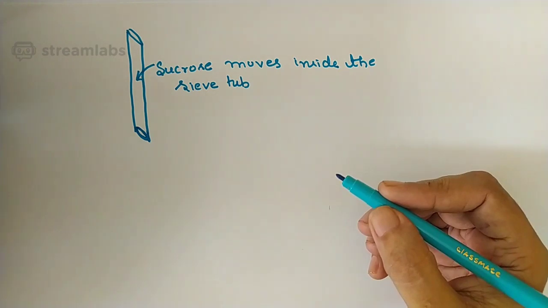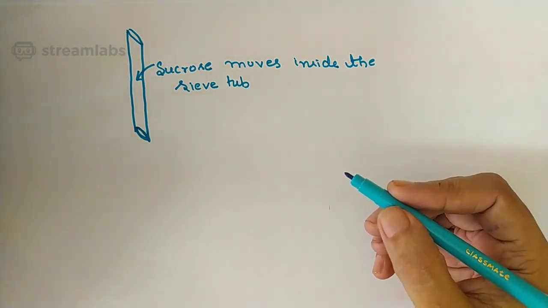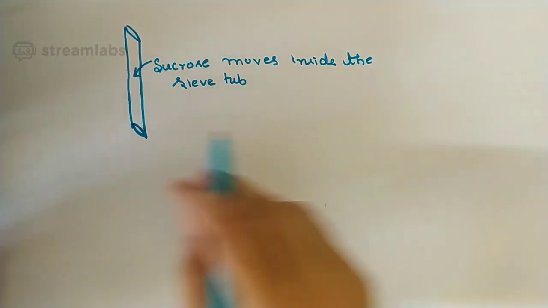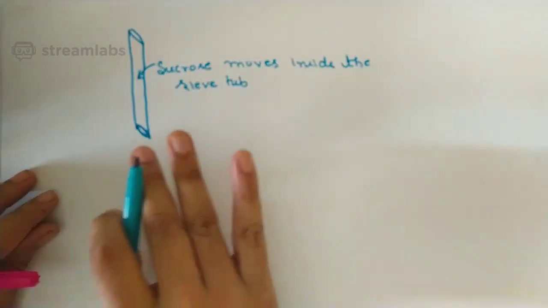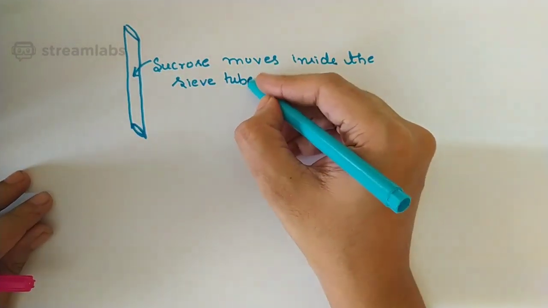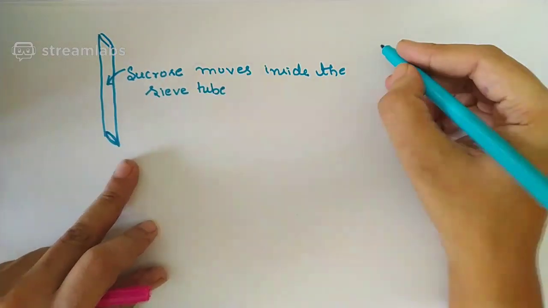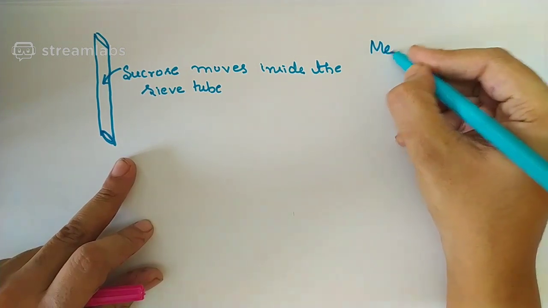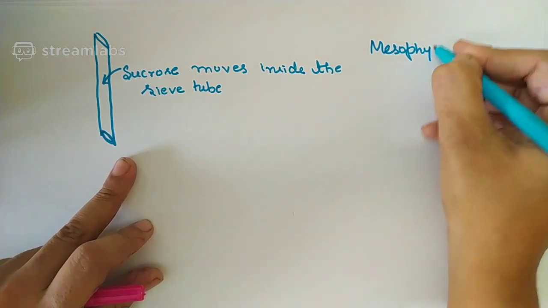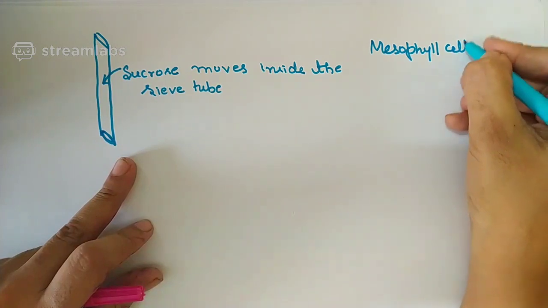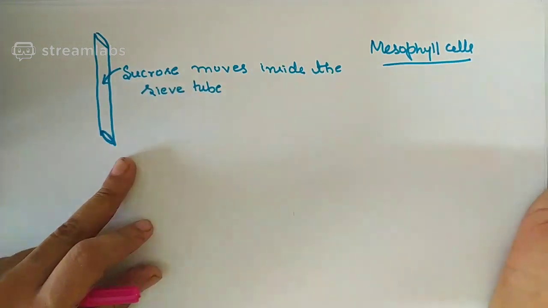What happens, students, when sucrose moves inside the sieve tube? When I say sucrose moves inside the sieve tube, this is not a simple process. First, from where does the sucrose come? It is the mesophyll cells. Mesophyll cells are going to produce this sucrose.